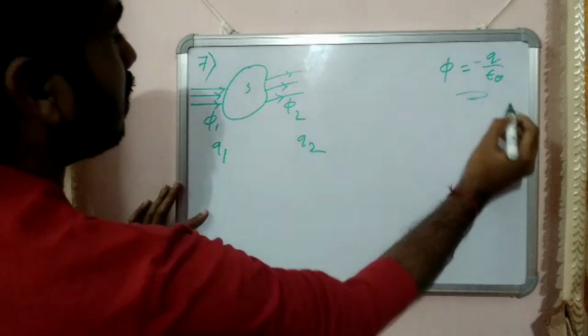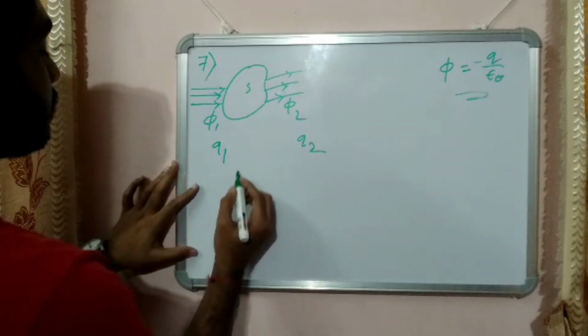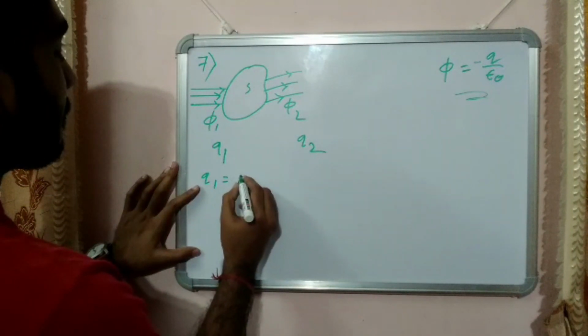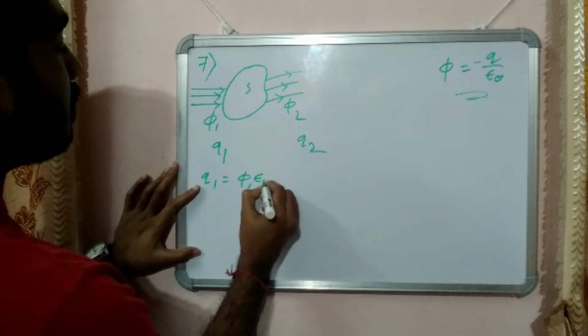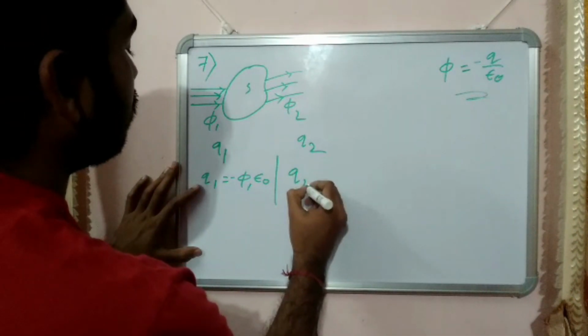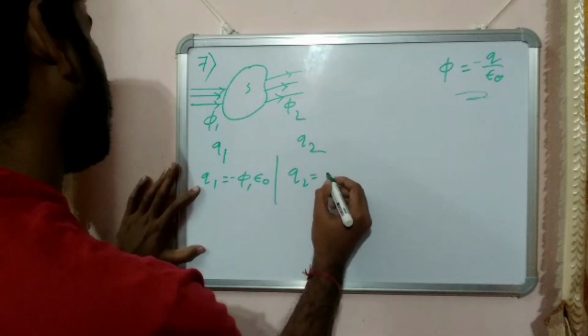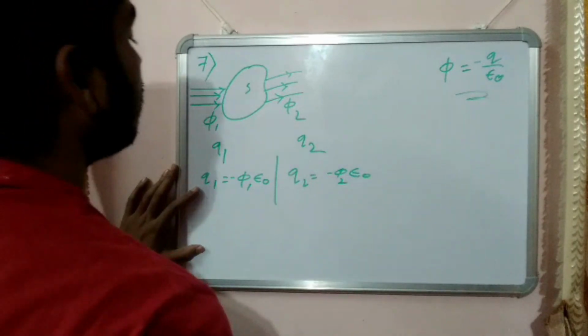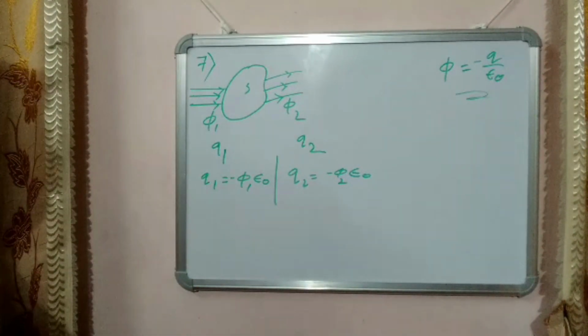So from this formula we can write Q1 is equal to phi 1 epsilon 0 and Q2 is equal to phi 2 epsilon 0, and both the medium is the same.